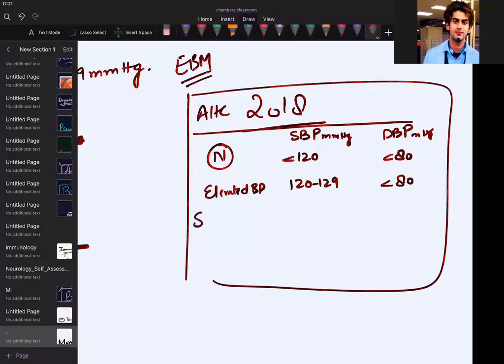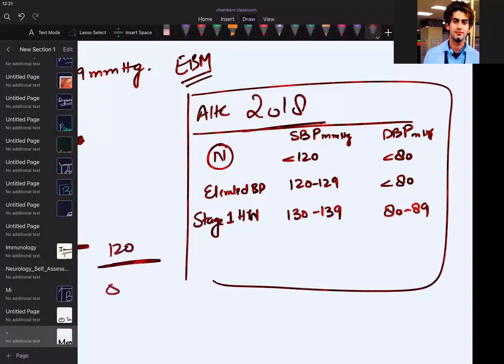Stage 1 hypertension will be considered when a patient has a BP of 130 to 139 mmHg systolic, or 80 to 89 diastolic.